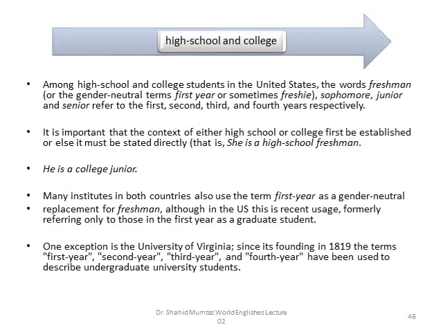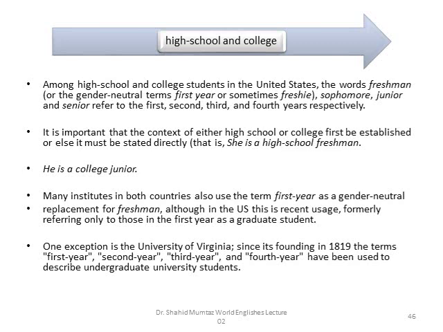Among high school and college students in the United States, the words freshman, or the gender neutral term first year, or sometimes freshie, sophomore, junior, and senior refer to the first, second, third, and fourth years respectively. So these are the terms in the United States for college students.